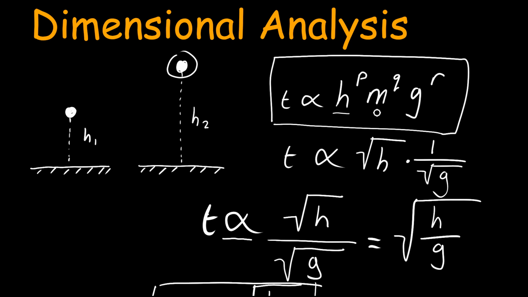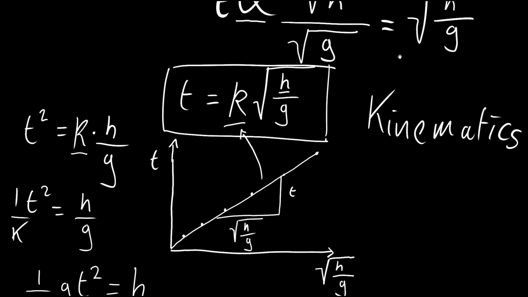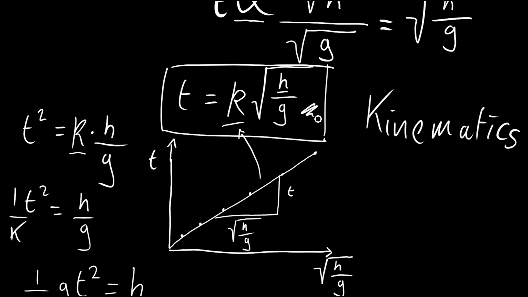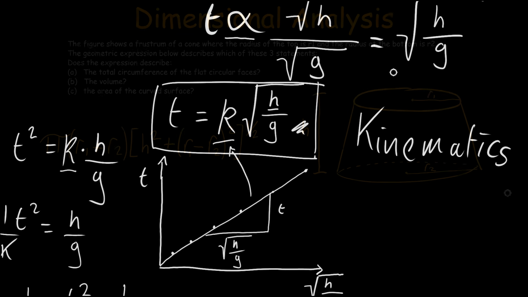The mass, which we thought might have an effect on the time it reaches the ground, and the acceleration due to gravity. Now, we might have missed out the acceleration due to gravity. And if we had, then we wouldn't have arrived at our equation here. So now we're going to cover some problems to help us solidify this knowledge.